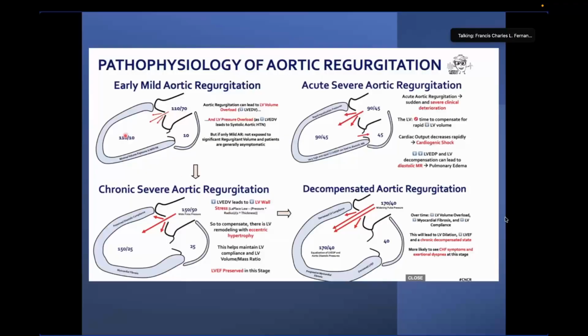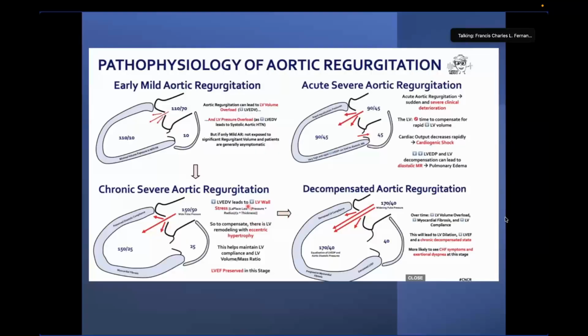So the difference here is this one has accommodated. Here, hindi pa. Here, when you have decompensation, you need to increase your blood pressure. So there's increased fibrosis, LV compliance, LV dilatation in a chronic decompensation. So you will see the symptoms more in its chronic state when the LV is complying.